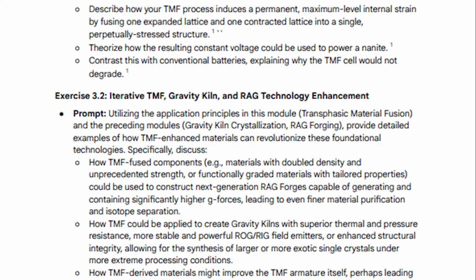Specifically, discuss how TMF fused components, e.g. materials with double density and unprecedented strength, or functionally graded materials with tailored properties, could be used to construct next-generation RAG forges, capable of generating and containing significantly higher G-forces, leading to even finer material purification and isotope separation.